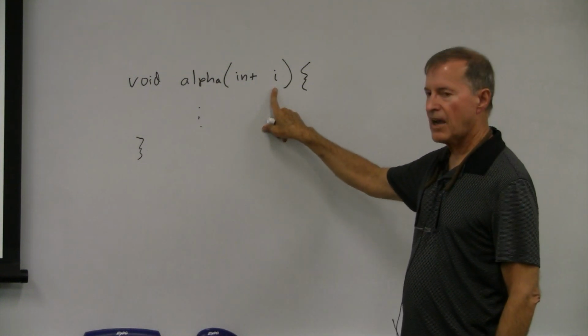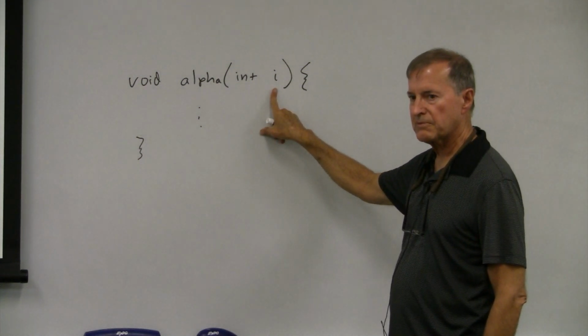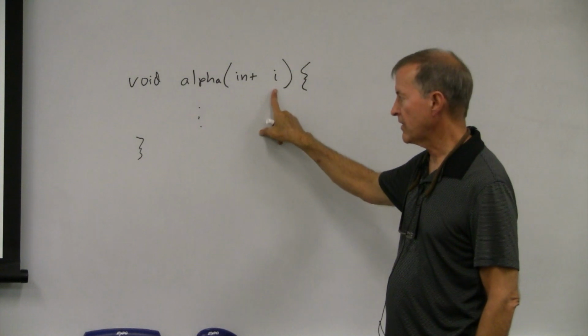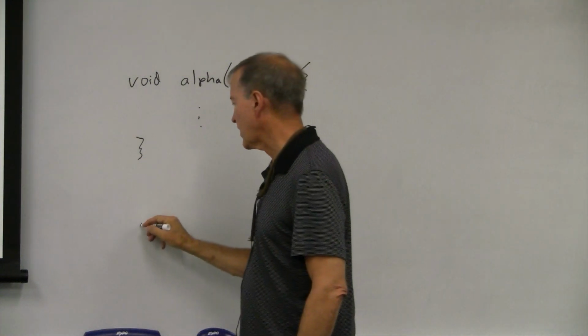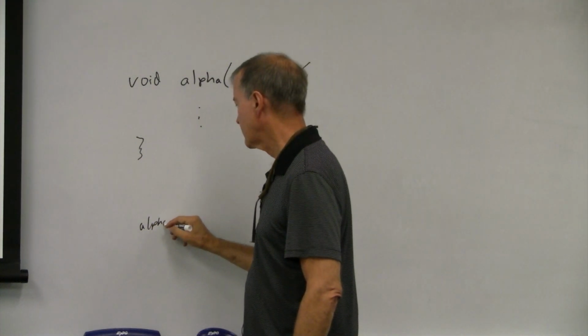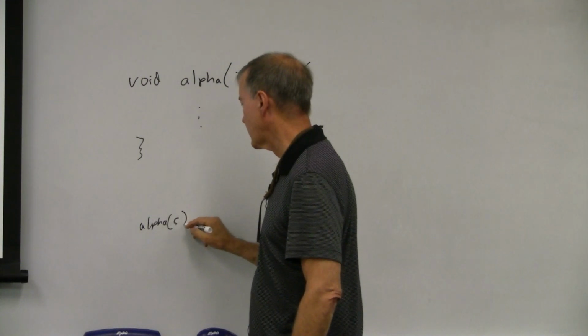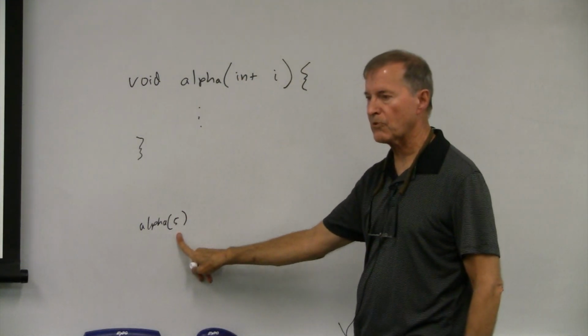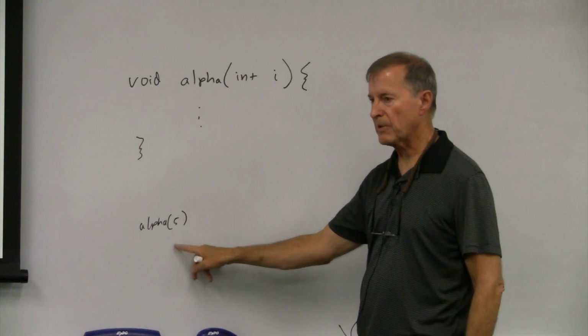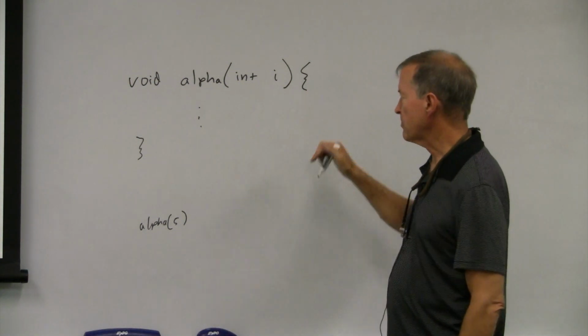Now this I, is it the actual parameter or the formal parameter? It's the formal parameter, and then when you call it, you can say alpha 5. Is this 5 the actual parameter or the formal parameter? It's the actual parameter. Now here's the idea of a template.